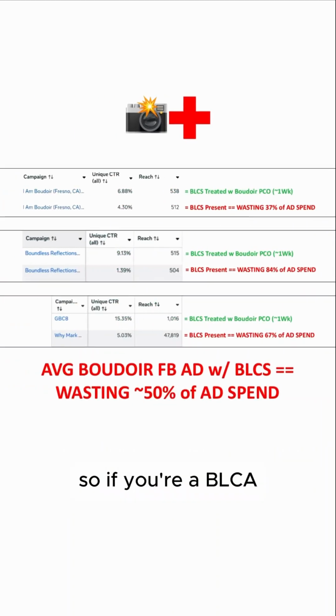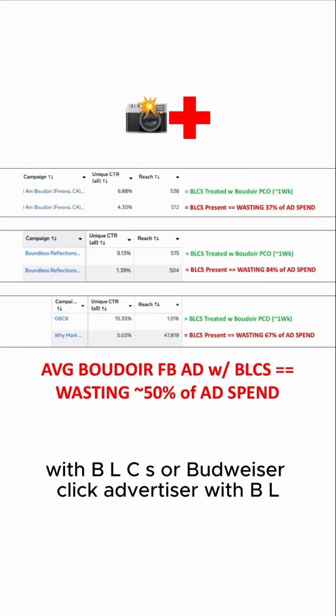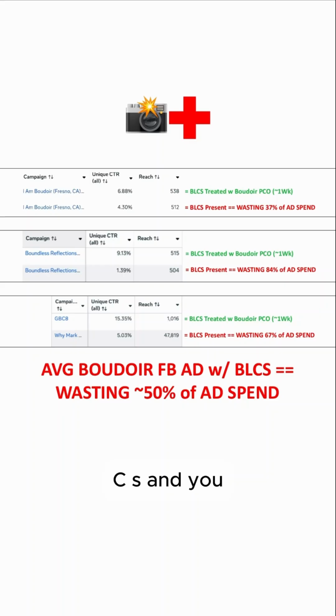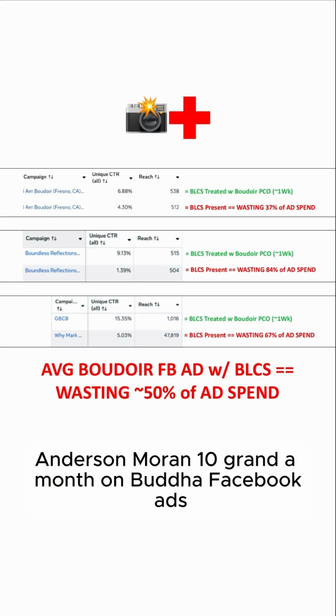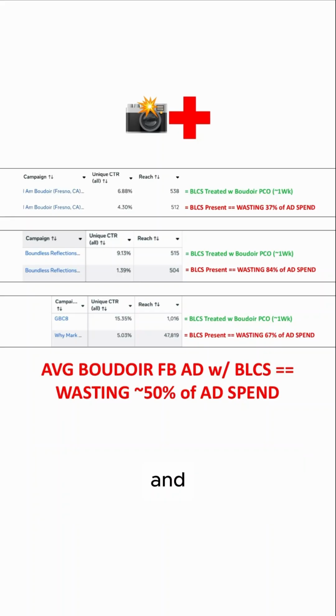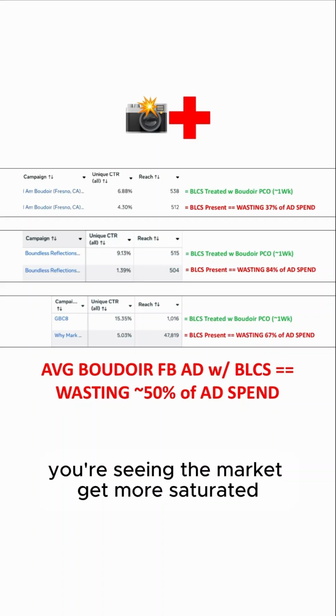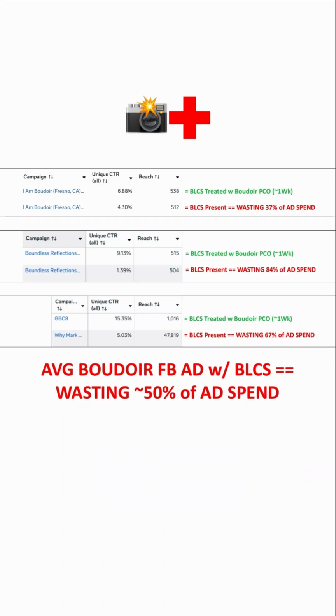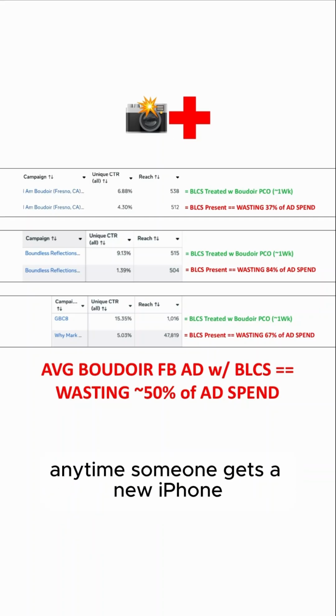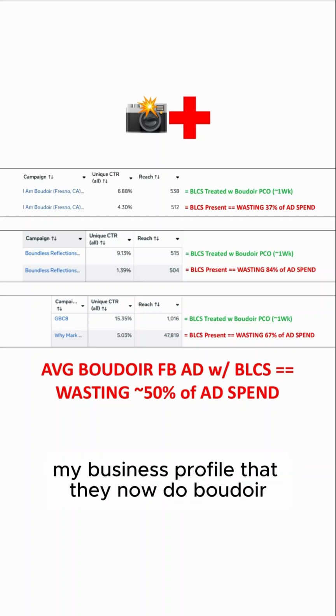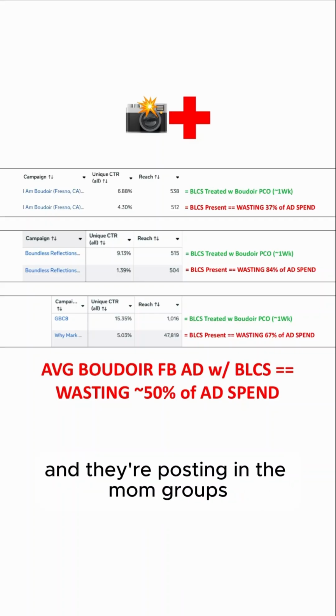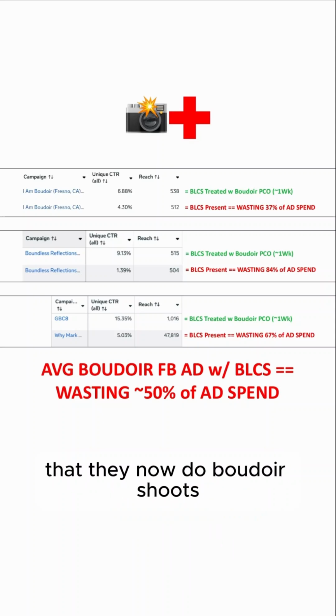So if you're a BLCA with BLCS, so a Boudoir low click advertiser, and you're spending more than 10 grand a month on Boudoir Facebook ads, you're seeing the market get more saturated with more Boudoir photographers. Anytime someone gets a new iPhone, they're throwing up their Google My Business profile that they now do Boudoir, or they get a new camera and they're posting in the mom groups that they now do Boudoir shoots.